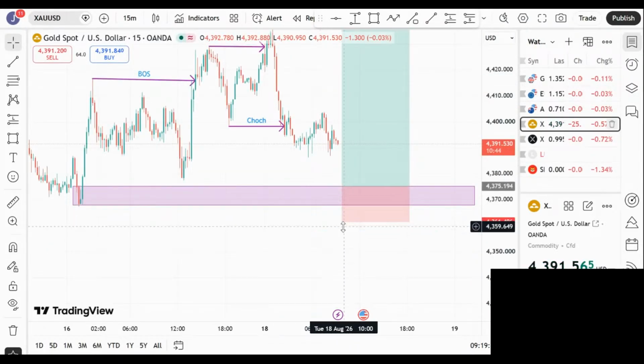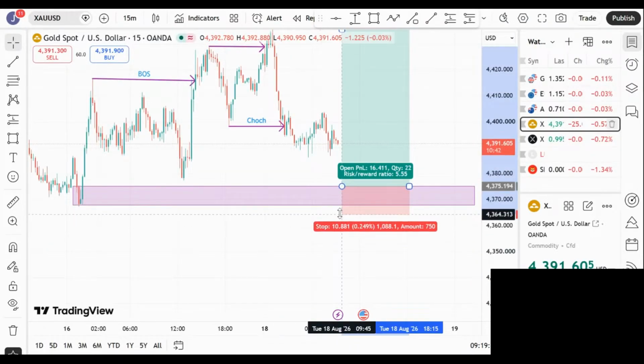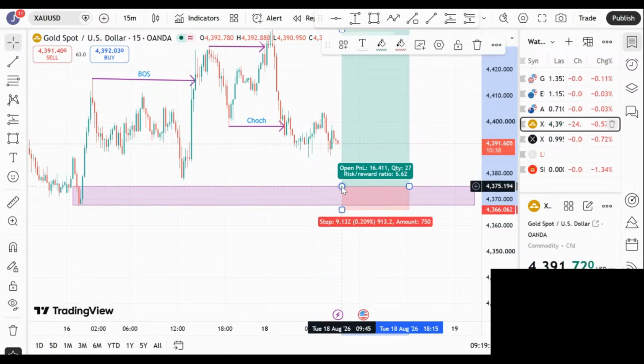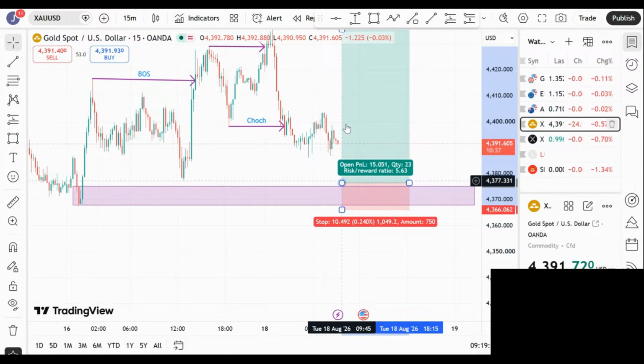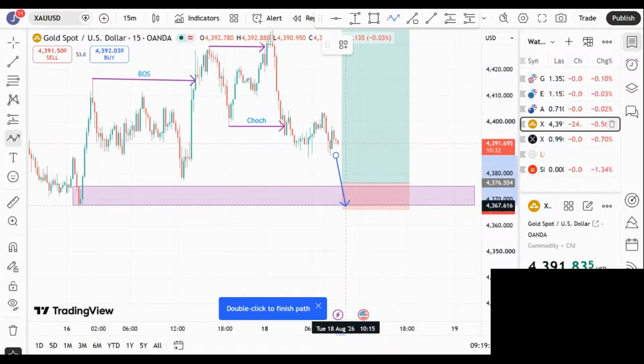We need a liquidity sweep around this particular area. Then price moves away with a strong displacement, and then I'll look for the order block that caused the displacement.